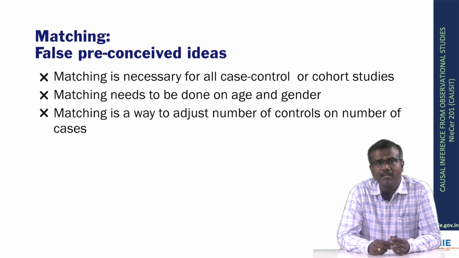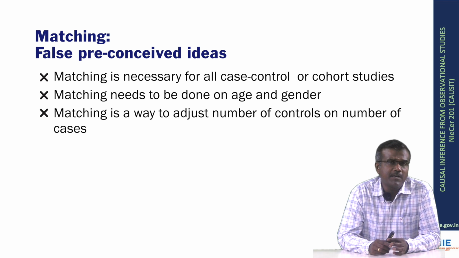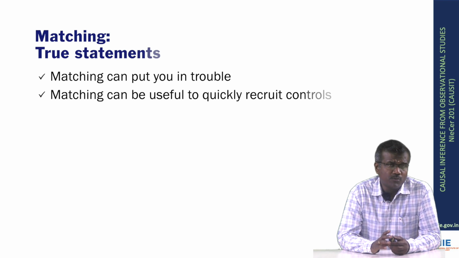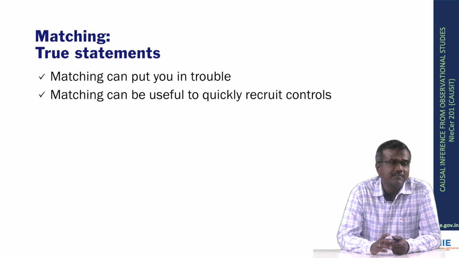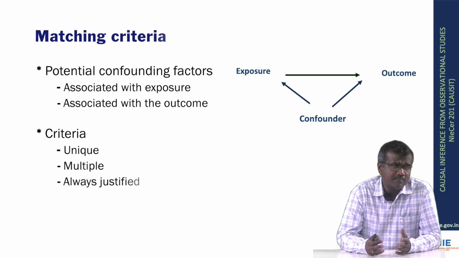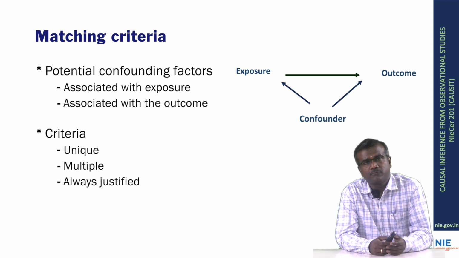And the third very important misconception is that matching is meant to adjust the number of controls to the number of cases. That is always not the case. The truth is that matching can put you in trouble. Matching at the same time helps in recruiting controls in a faster manner, therefore easing the logistics involved in the field. What is the matching criteria that we need to follow?